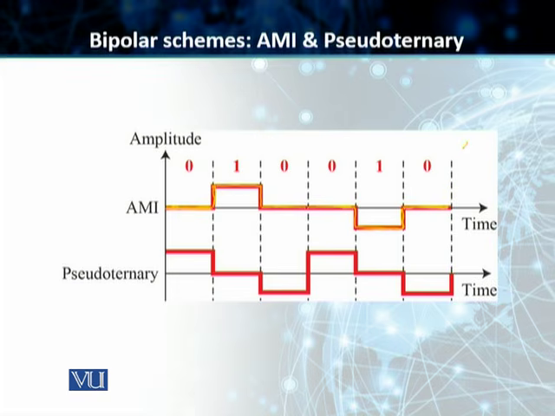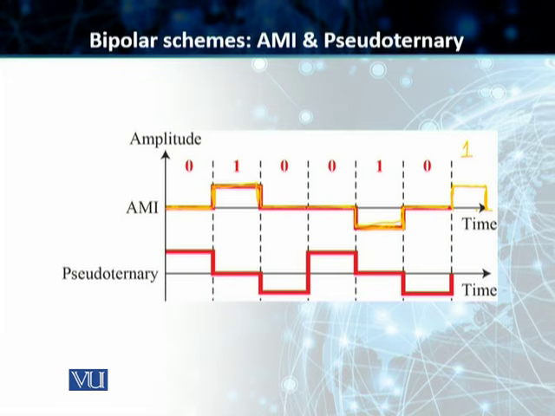If the next bit is 1, for example, then because we are doing alternate mark inversion, alternate one inversion, the first one was positive voltage, the second one was negative, and therefore if the next bit is 1, we will again represent this by a positive voltage. So in this particular case, our ones are inverted, but our zeros are neutral or they stay at 0 voltage.